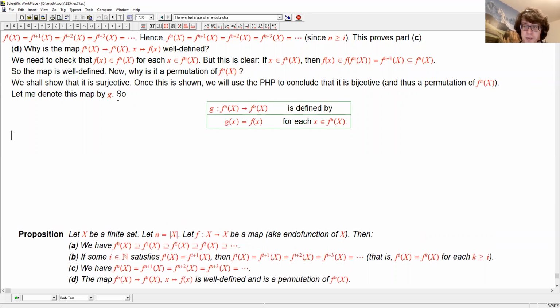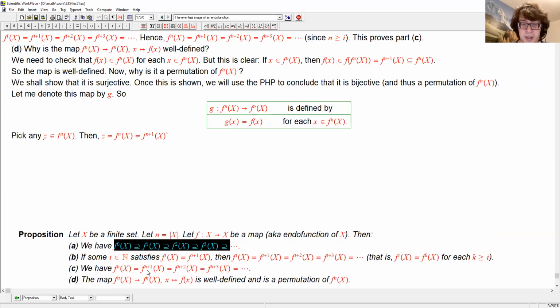Why is this surjective? Well, let's pick any y in f^n(X), or let me follow the notes and call it z. Then z is in f^n(X), which also happens to be f^(n+1)(X) because of part C. That's where we use that this decreasing chain of sets stops changing after n.